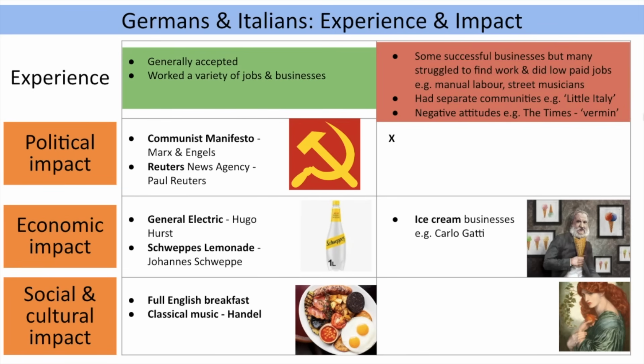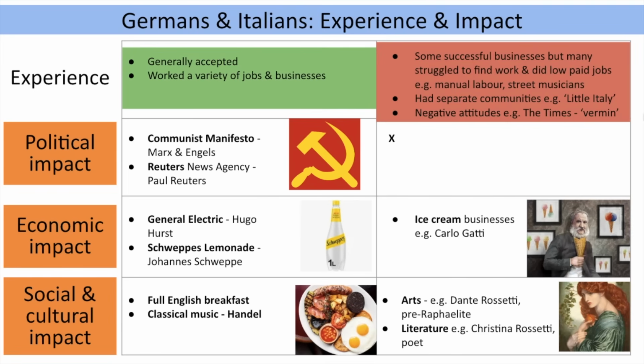When it comes to the social and cultural impact, we do see quite major impacts here too. The full English breakfast, for example, which is often seen as an iconic meal in Britain, actually comes from German migrants and German delis. Similarly, some of our most famous classical music comes from German migrants who came at this time, for example, Handel.